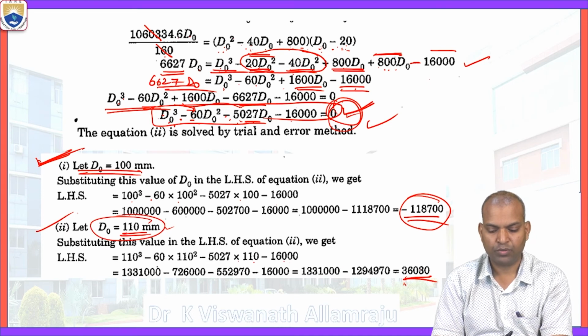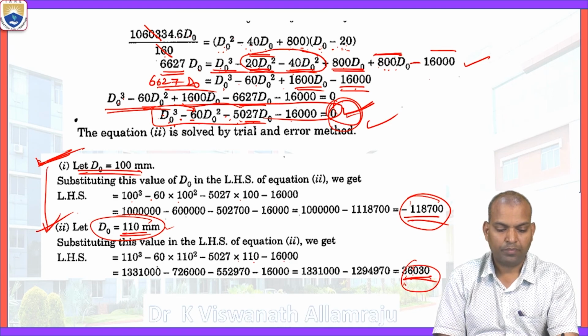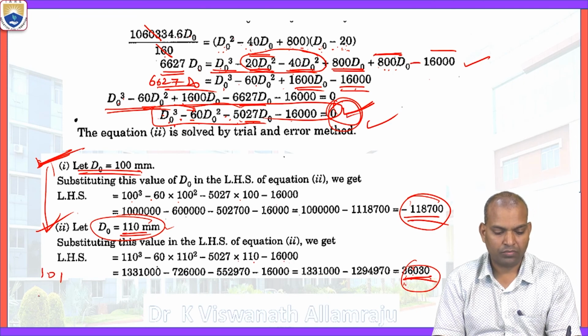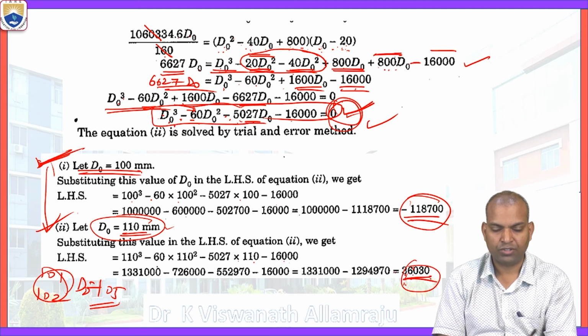110 millimeter becomes positive, 1,18,700, while the other value is negative, 3,6030. That means the answer lies between 100 and 110. Going 101, 102 like that takes a lot of time, so we jump directly to 105. If it is still positive, it should be reduced closer to 0, and we go again.